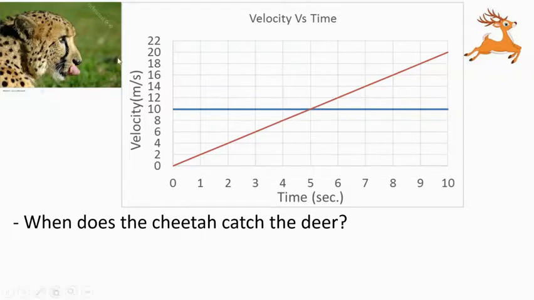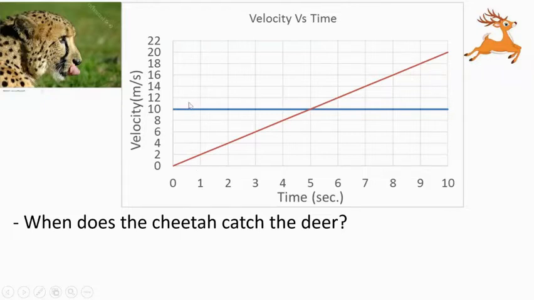So what has to happen is their actual displacement has to be the same. And if you remember, the way that we find displacement from a velocity graph is looking at the area under the graph. So at any time, we can find the deer's displacement by finding the area under this blue line. And at any time, we can find the cheetah's displacement by looking at the area under this red line.